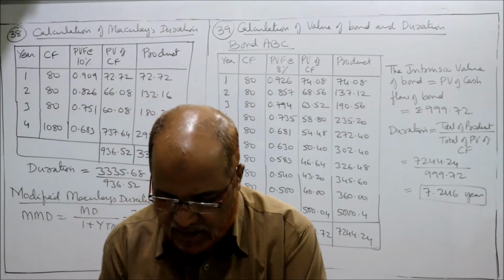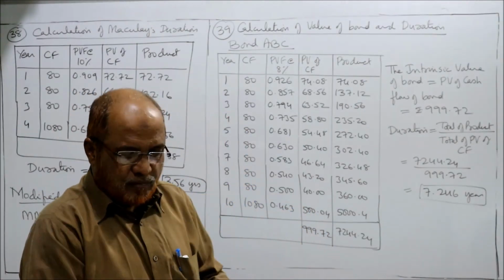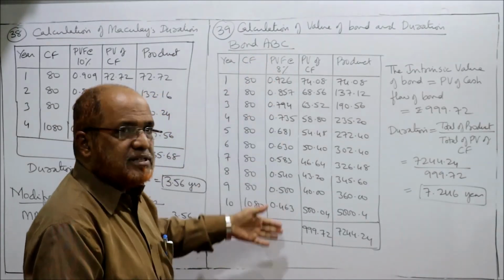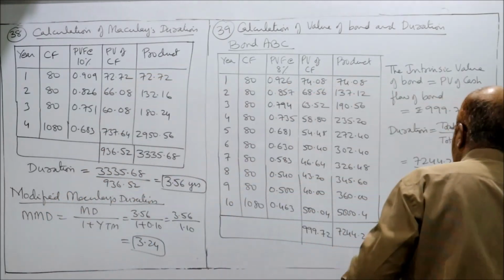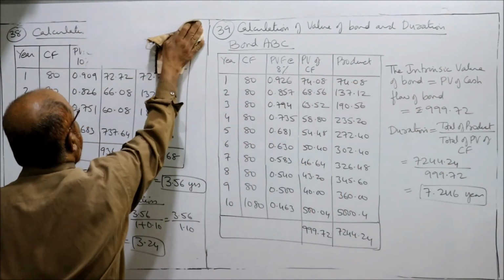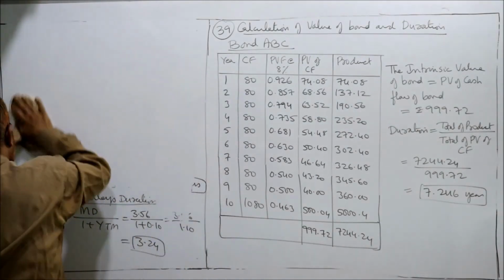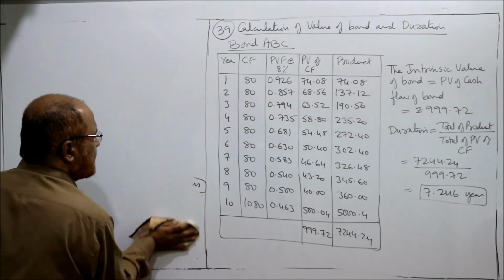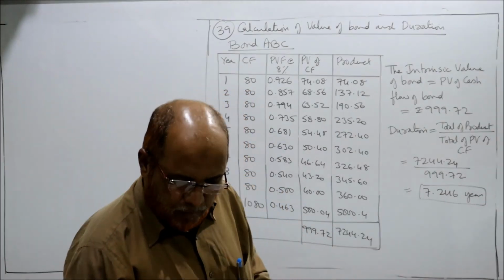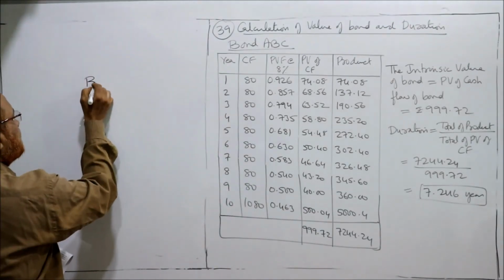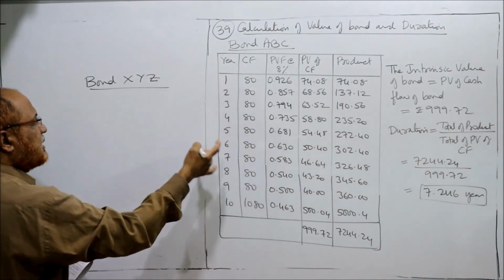The second bond is XYZ. You have to do it yourself because it is the same procedure as ABC. I'll give you the answer for XYZ so that you can make your own calculations and check whether you have done correctly. Unnecessarily, if I do each and every problem, you won't get the practice. For bond XYZ, same table, same type of calculations.